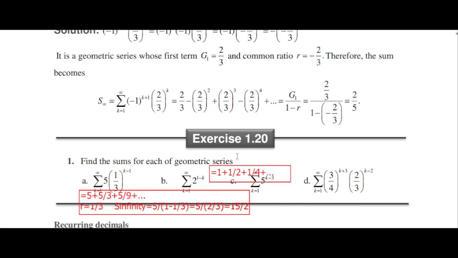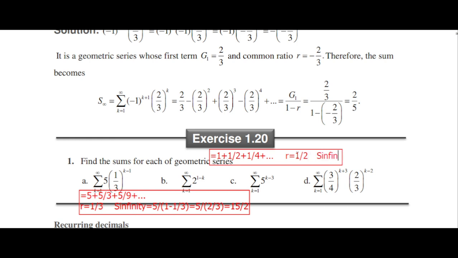So for this one, let's compute the common ratio R. R is 1 over 2 over 1, which is 1 over 2. R will be 1 divided by 2. Now let's compute S infinity.